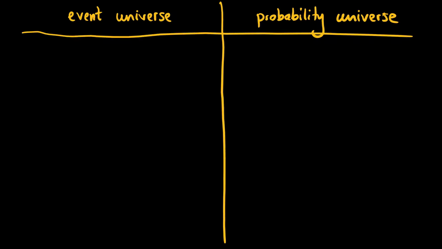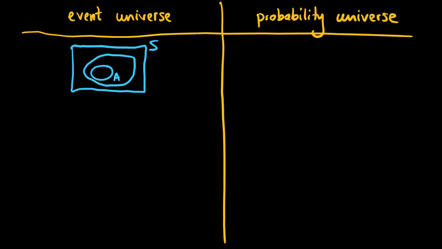And if you think about what we've done so far, we have sort of thought of something in the event universe. For example, we may have had a sample space, and we thought, okay, well, if we have a set A that is a subset of set B, we know how to draw those in the event universe. It means A has to be drawn inside of B, okay?